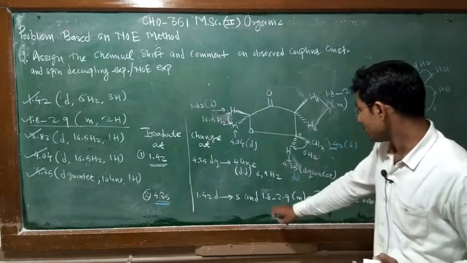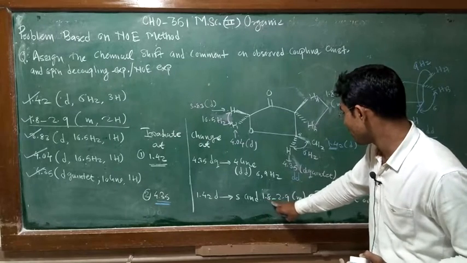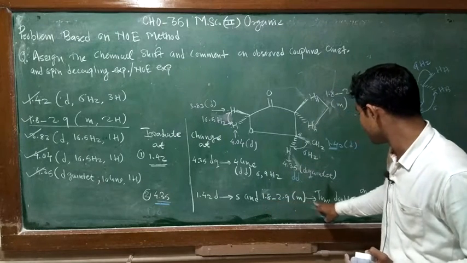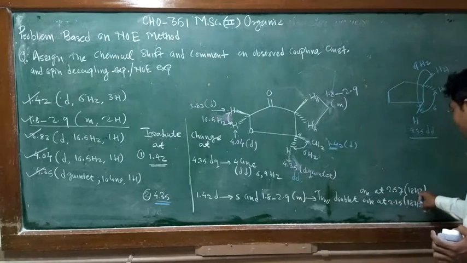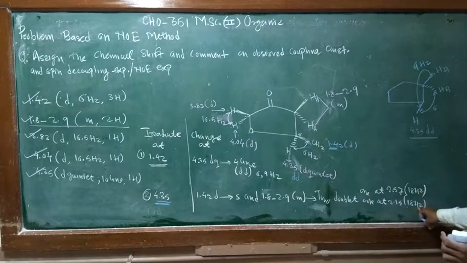Again, the signal at 1.8 to 2.9 multiplet changes into 2 doublets, one at 2.75 with 18 hertz, one at 2.50 with 18 hertz.